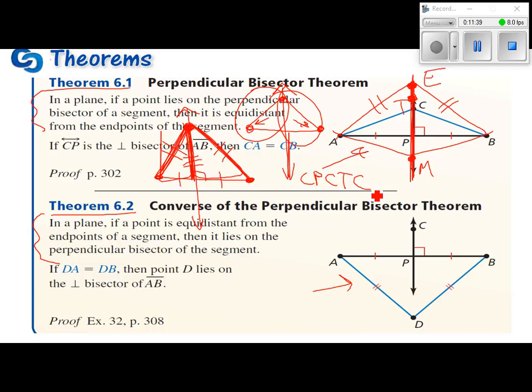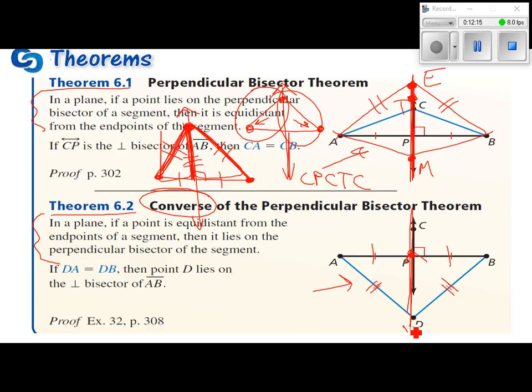The second theorem here is the converse. What's it mean to be the converse? What does the converse do? It switches the hypothesis and the conclusion, so it just turns it around. It says, if this segment's congruent to that segment, and this segment's congruent to that segment, and we connect those two points, point P and point D, that line right there has to be the perpendicular bisector of that original segment.